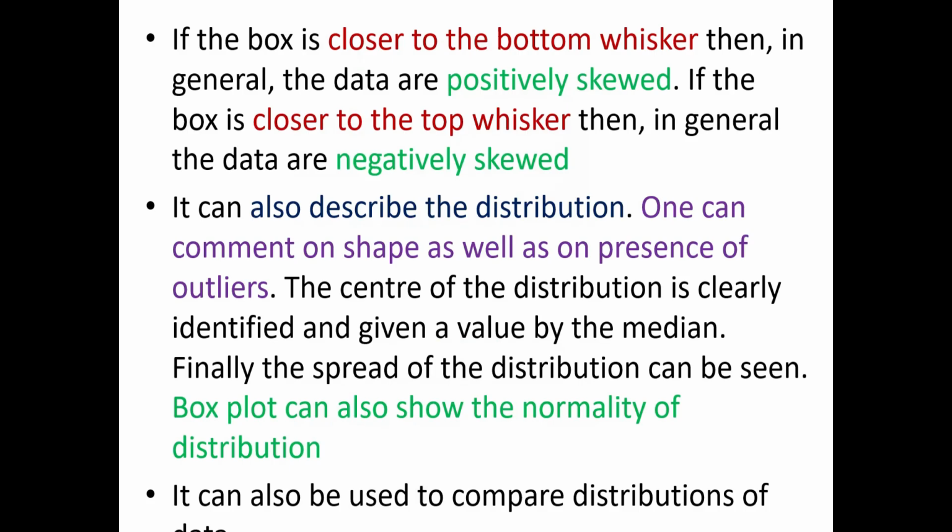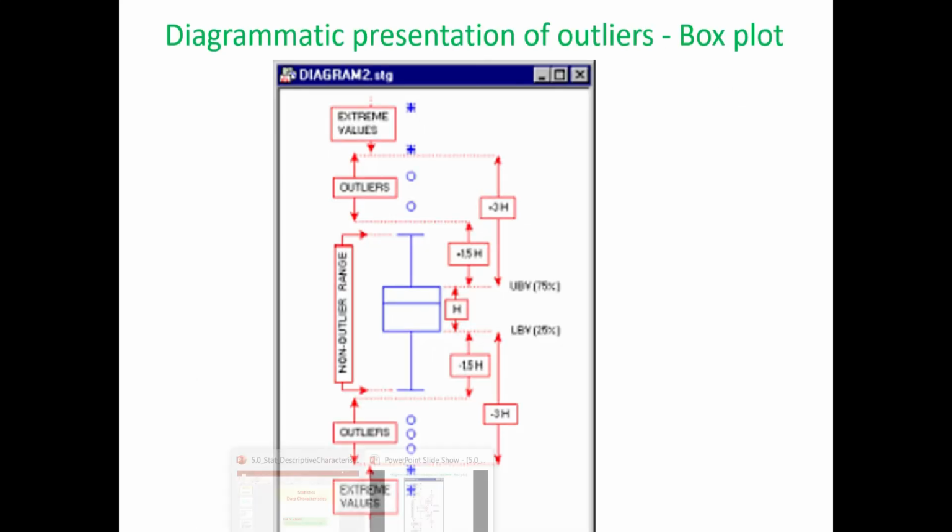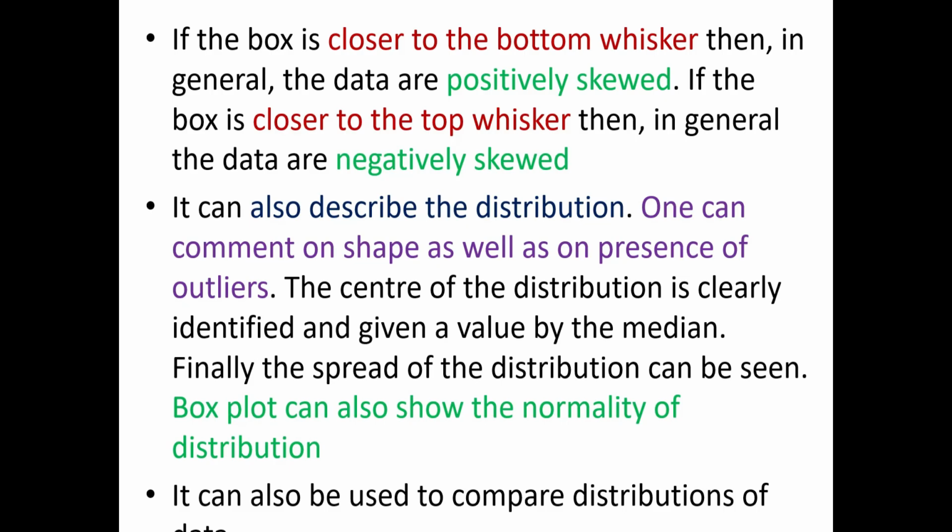If the box is closer to the bottom whisker, that is this one. The box is moving like this, lower or upper. If the box is closer to the bottom whisker, the data is positively skewed.